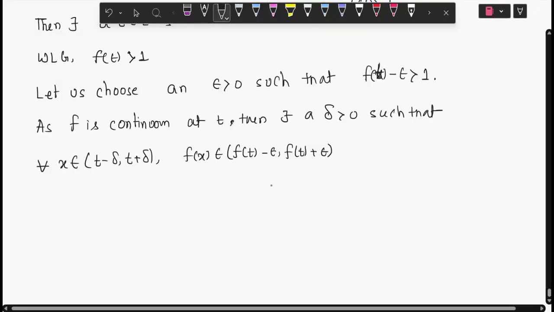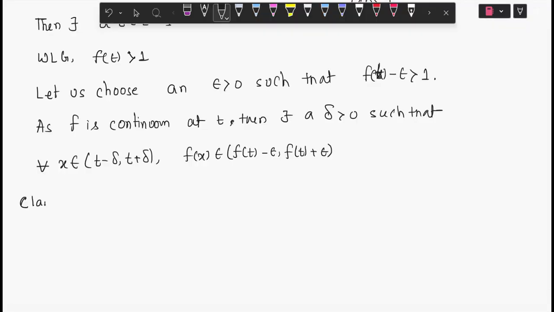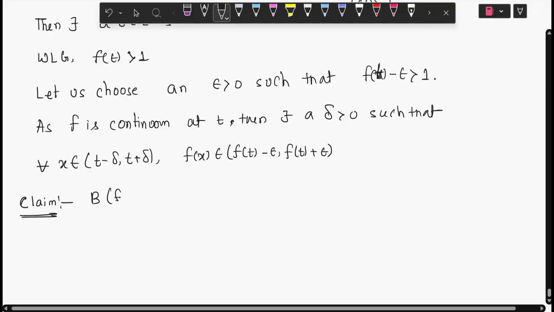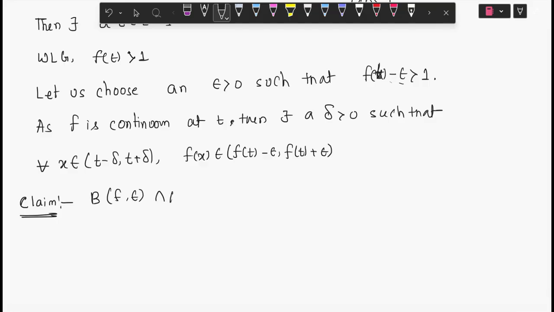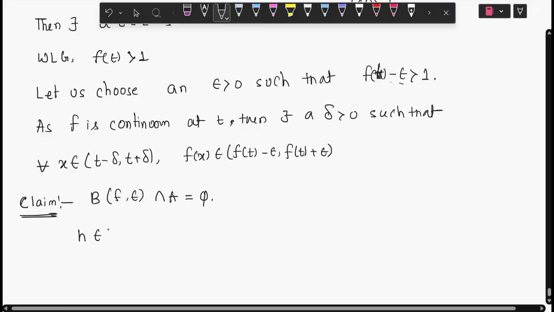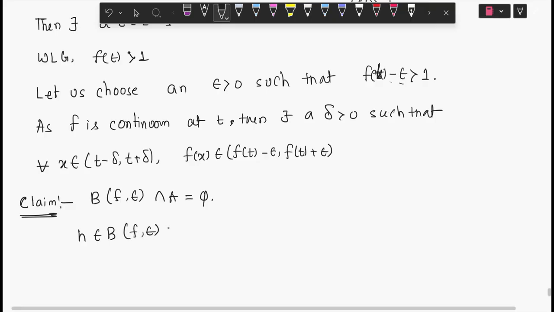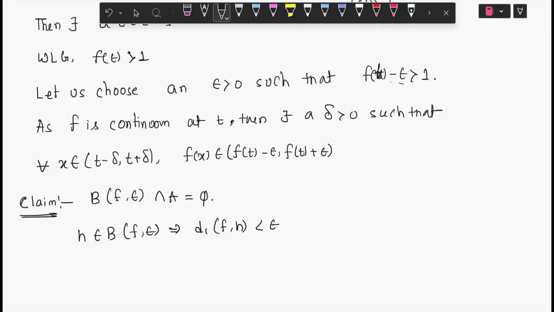Now my claim is that B(f, epsilon), with that particular fixed epsilon, intersection A is empty. For that purpose, I am choosing h belonging to B(f, epsilon). If h belongs to B(f, epsilon), I can say that D1(f, h) is less than epsilon.